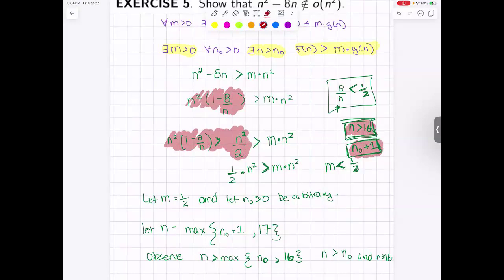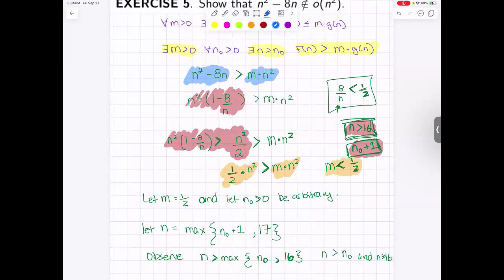And then we're able to show that if we have an m value that's strictly less than 1/2, this side will definitely be less than this side. Therefore, we can say that our original is definitely going to be greater than the right-hand side of our original.